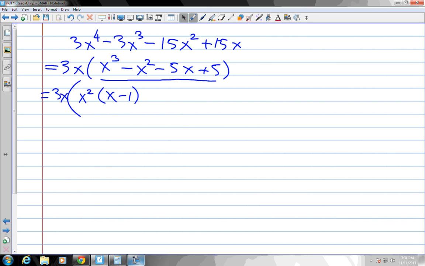right? So how do you turn negative 5x plus 5 into something times x minus 1? What should we factor out? Negative 5, because it feels like we need to switch the signs. So taking out negative 5 will do the trick then. Negative 5x becomes x, and positive 5 becomes negative 1. Right?